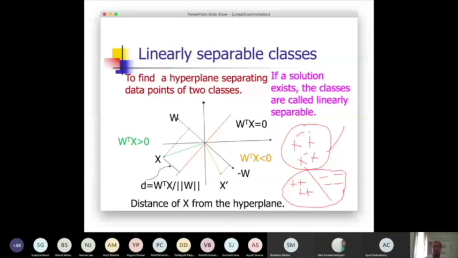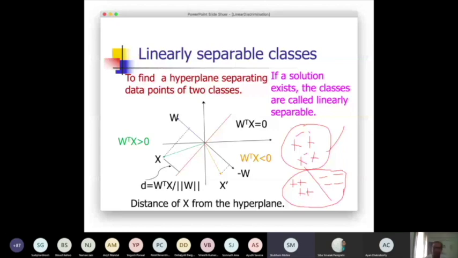How can you check it? Any idea? Sir, if we can find the boundary, then we can check if it has any classification error or not.